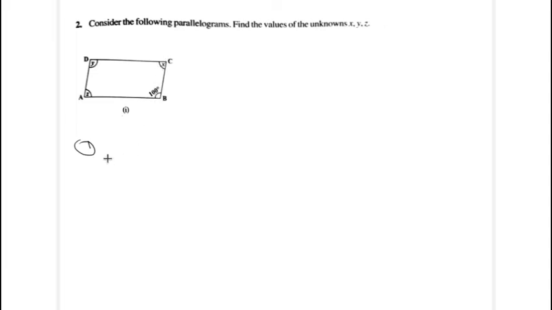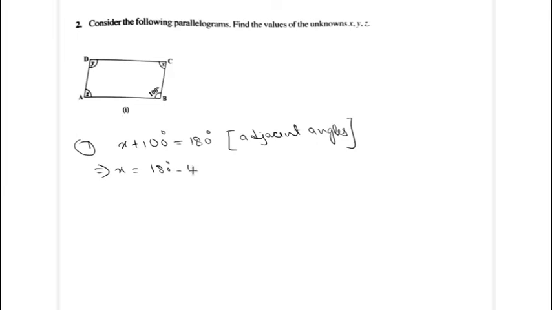So we will write x plus 100 degree will be equals to 180 degree because they are adjacent angles. This implies x equals to 180 degree minus 100 degree, which is equals to 80 degree. So the value of x we have taken out.